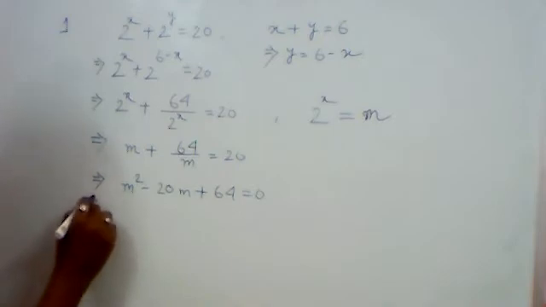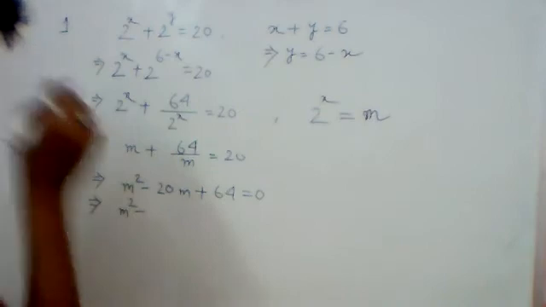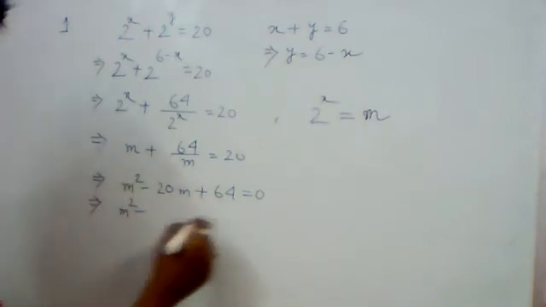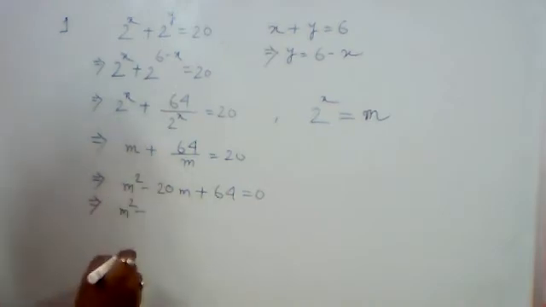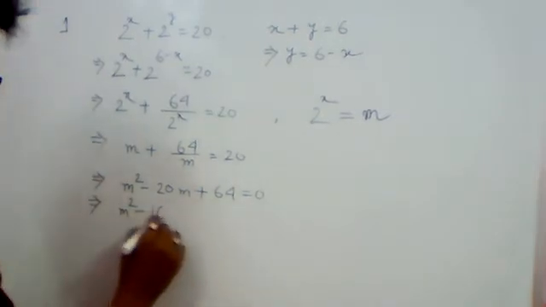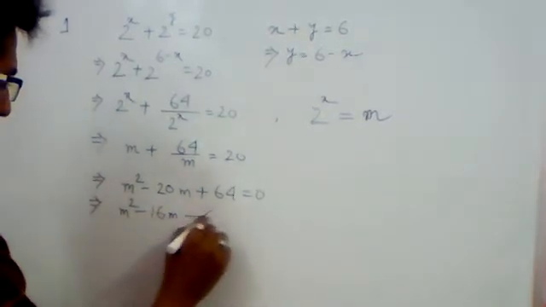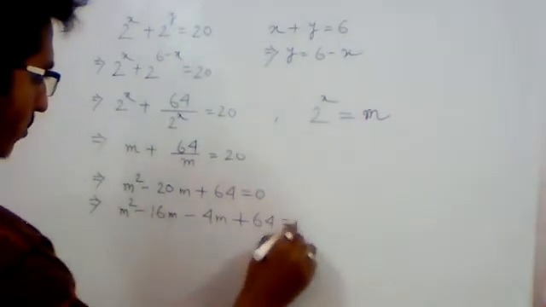How to solve this one? Write it as m square minus 16m minus 4m plus 64 equal to 0.